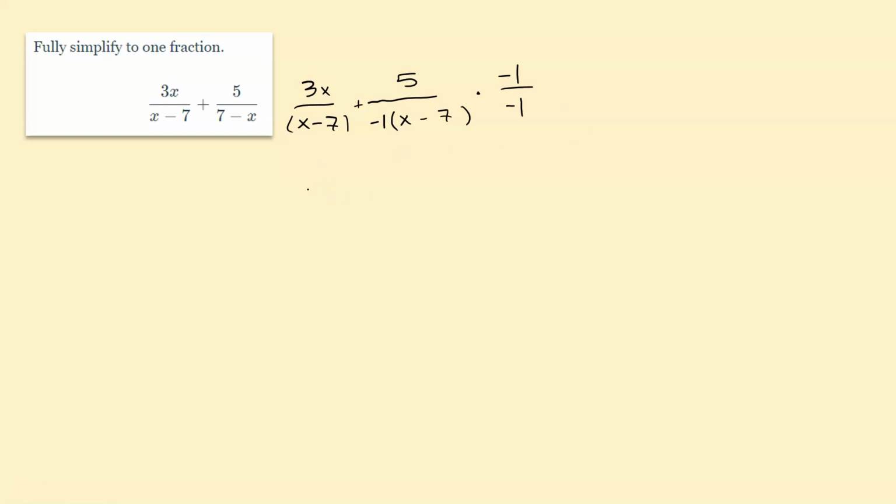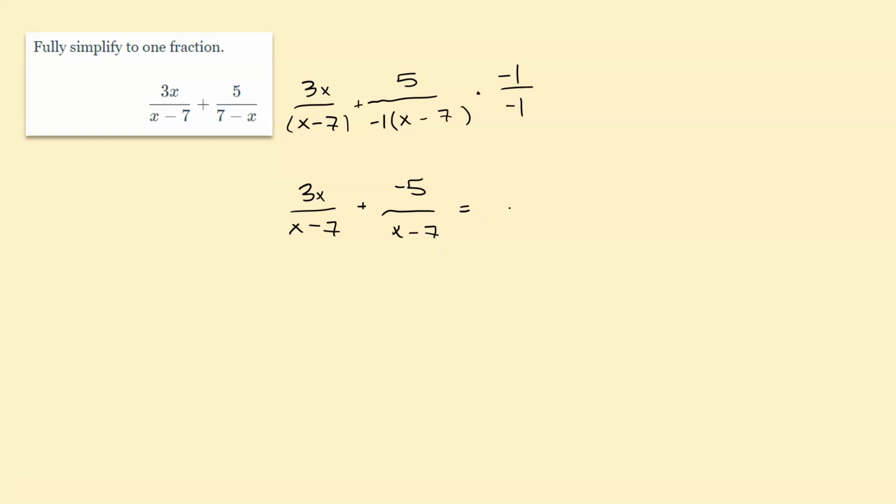So we then would have 3x plus x minus 7, and then plus 1 times, or 5 times negative 1 is negative 5. And then over here we have negative 1 times x minus 7. So negative 1 times negative 1 becomes positive 1. So then we're just left with x minus 7.